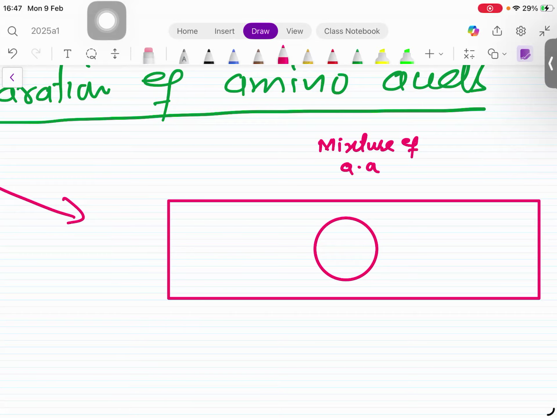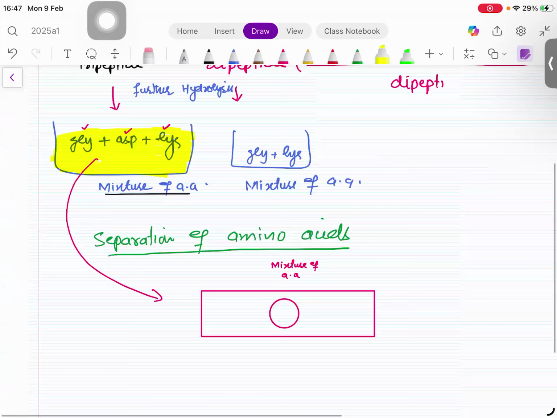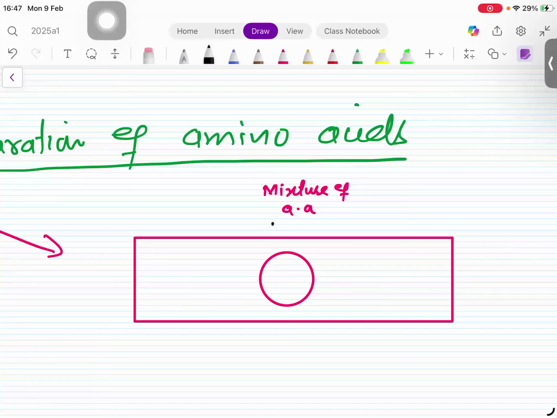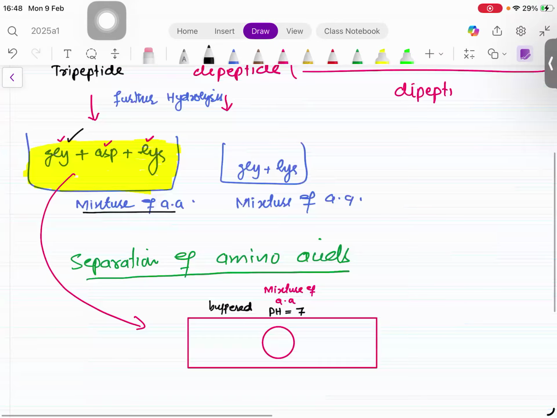Before putting it here, I buffered it at a specific pH, which I suppose is 7. This mixture of amino acids is buffered at pH 7. And this mixture contains which 3 amino acids? Glycine, ASP, and lysine.